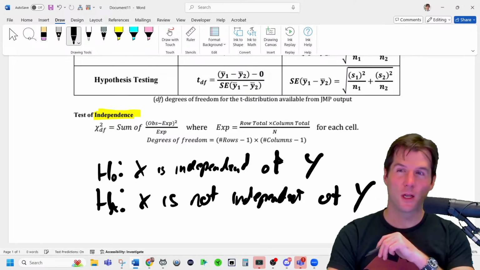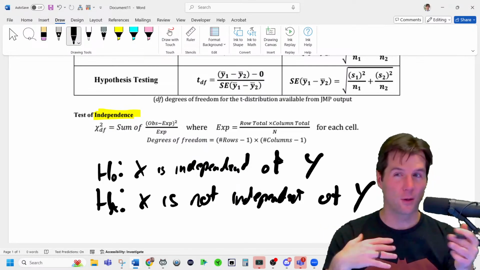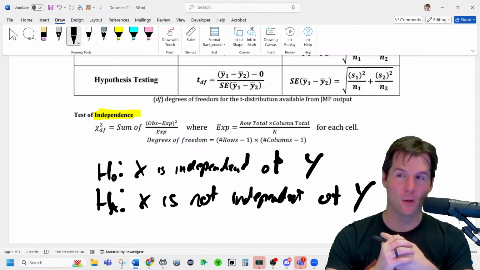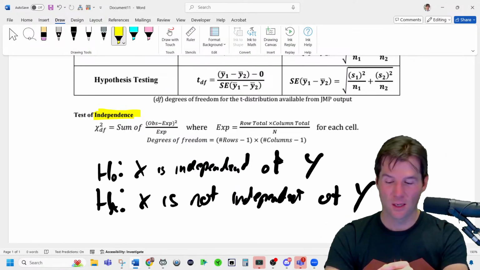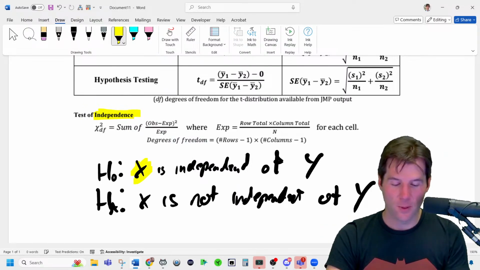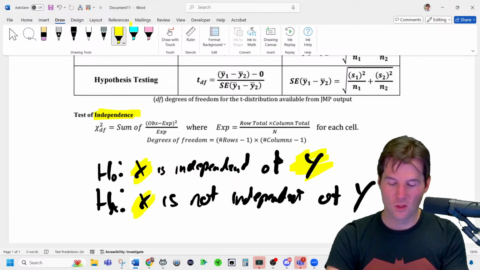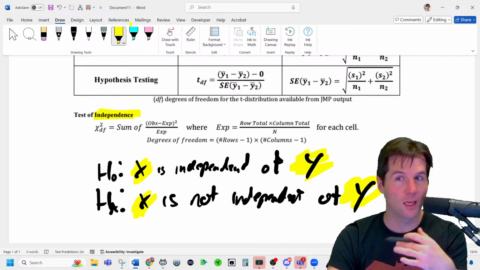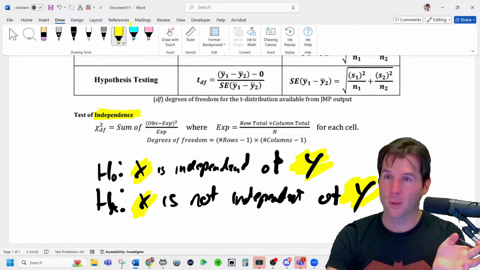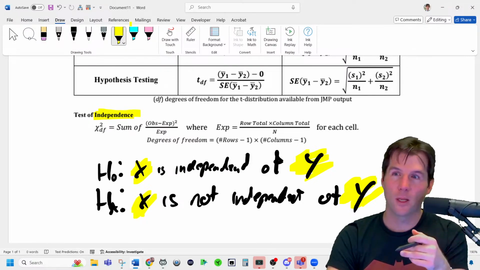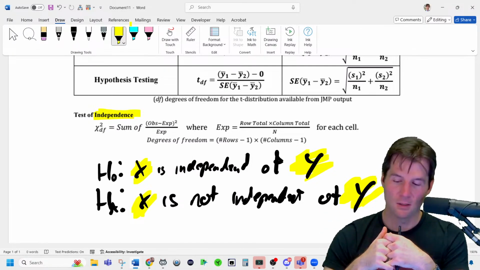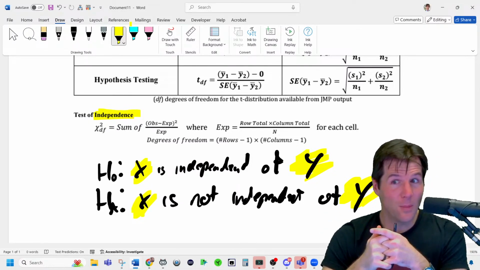So if you have a question like, is where students live on or off campus related to them owning a pet, the null hypothesis would be, where students live is independent of them owning a pet. Where students live is not independent of them owning a pet. You just put in what the x and y variables are named, and you say they are independent of each other. They're not. So you could say owning a pet and living on campus are independent. You could do that. I like to put it between them. Just makes more sense.